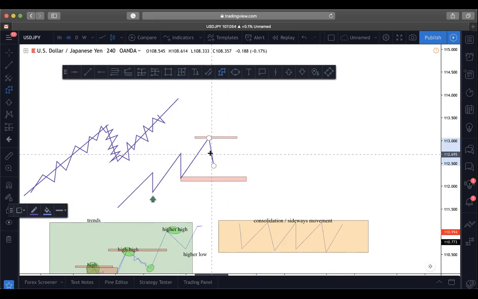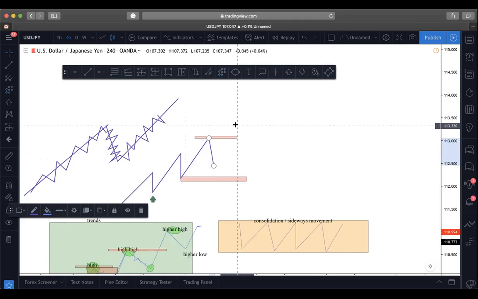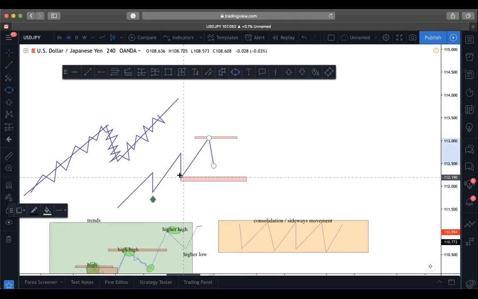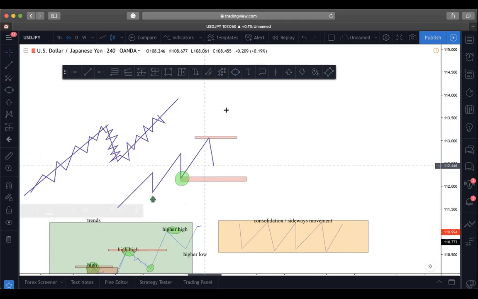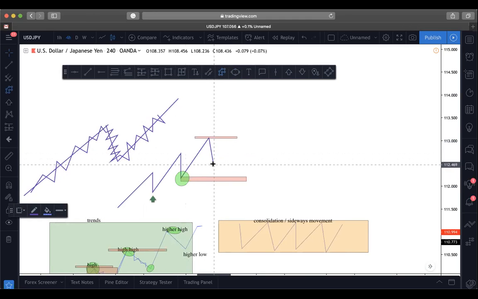The structure is not broken until a lower low is made. So this is considered an uptrend until the market goes beyond this point, right? Once the market goes beyond this point, then we know that it's no longer an uptrend, it's a downtrend, because it just made a lower low.